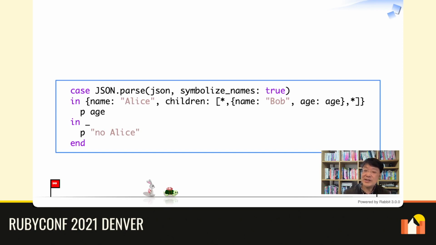JSON.parse takes a JSON object and searches for the person named Alice whose children include one named Bob. If you find Alice who has a child named Bob, print the age of her son, otherwise print no Alice. This is much simpler, straightforward and even declarative.